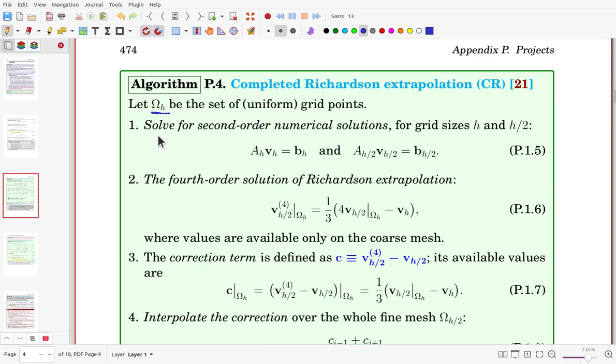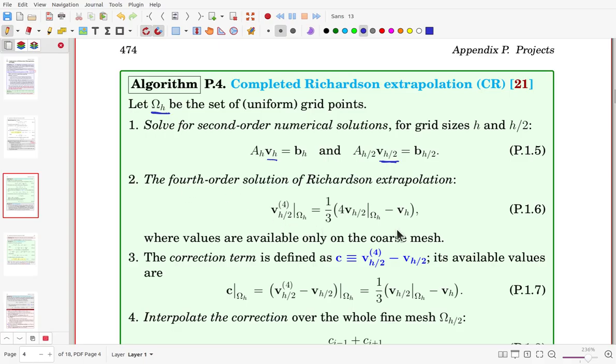Okay, we solve two different second order problems, so we get second order numerical solutions for grid size H and H over 2, or mesh and its refinement. So after solving this algebraic system, we can get VH and VH over 2. Of course, this is a better solution. Now, by using Richardson extrapolation, we can get a fourth order solution.